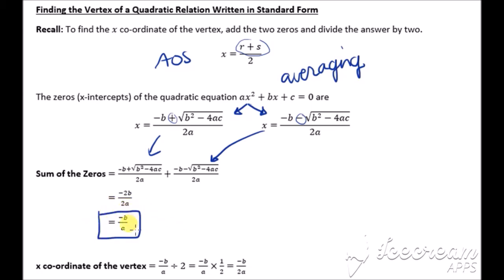We're going to get negative b over a, and then if we divide that by 2 in order to get the axis of symmetry, there's going to be a short form way of finding the axis of symmetry, and it is negative b over 2a. So just keep this. This is just to show you how to find it, but keep this handy.